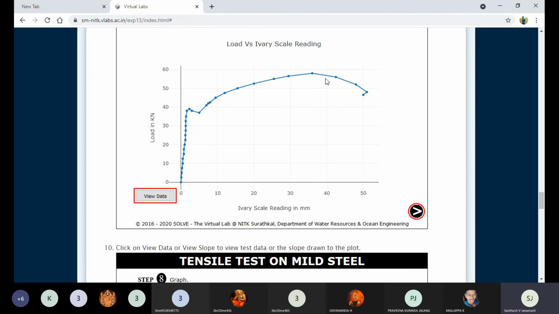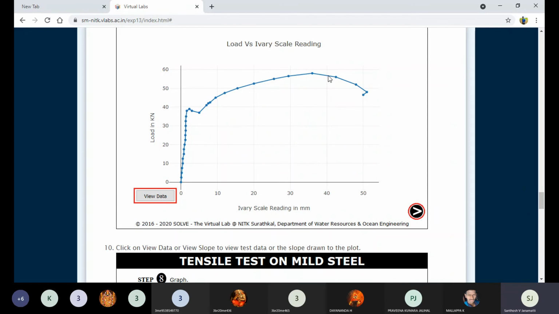After 60, what happens? Again, the load drops. The second time the load drops to around 50, thereafter 45, and finally the fracture takes place at 45. When the load drops again, it means the ultimate capability of that material is gone. Now the material will completely separate, and fracture takes place at about 45.